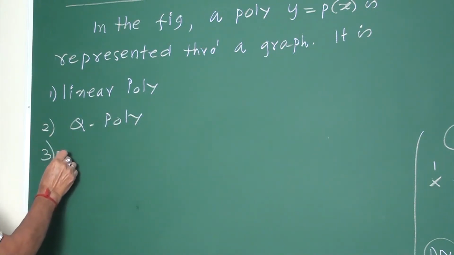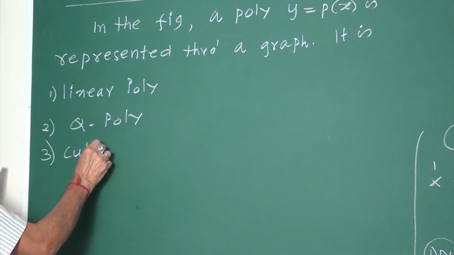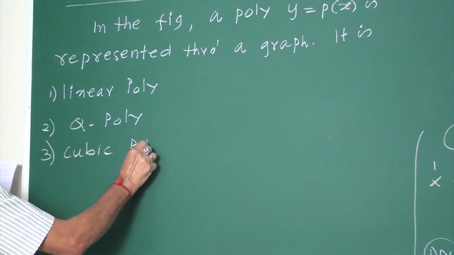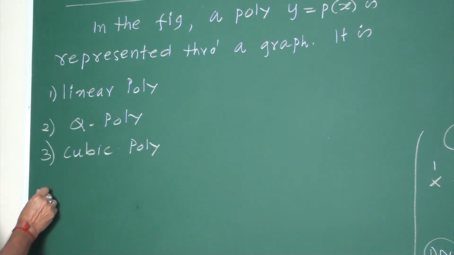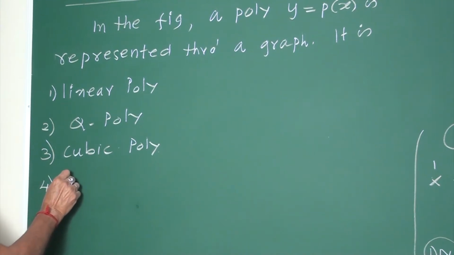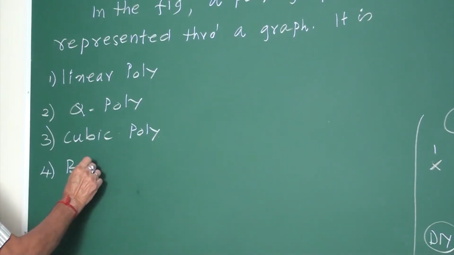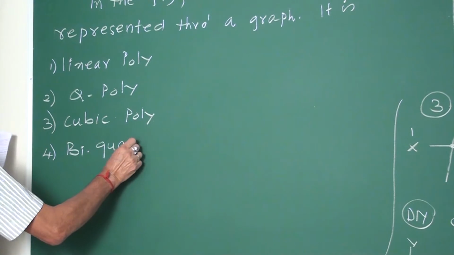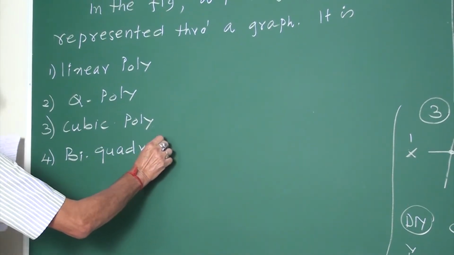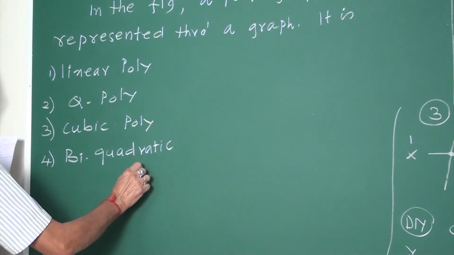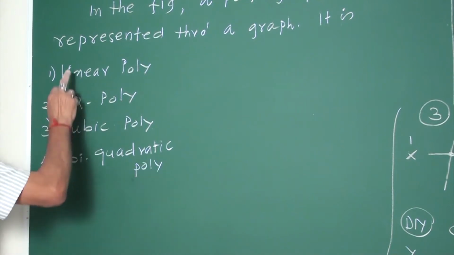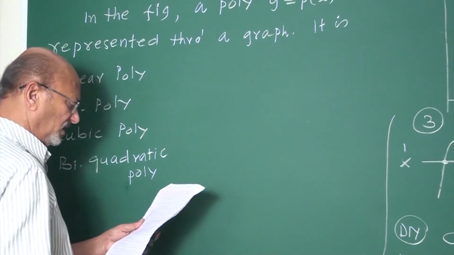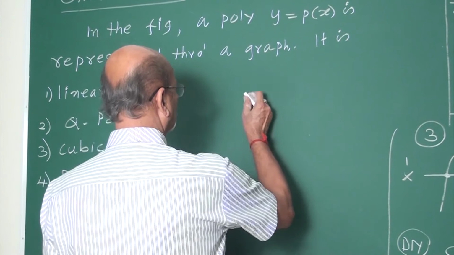Third option, cubic polynomial. Fourth option, biquadratic polynomial. My friends, these are the options, and this is the figure, the graph.